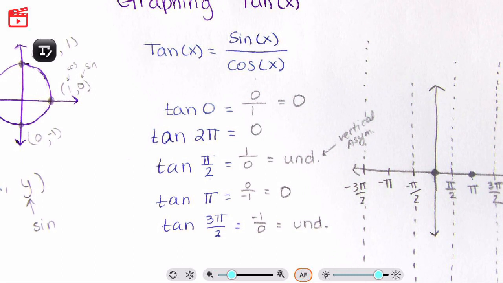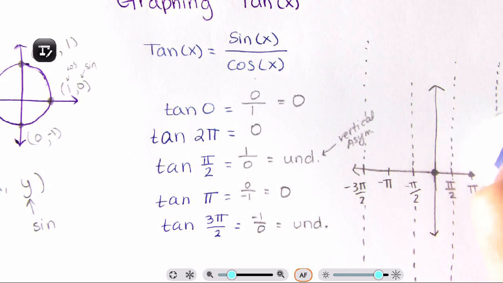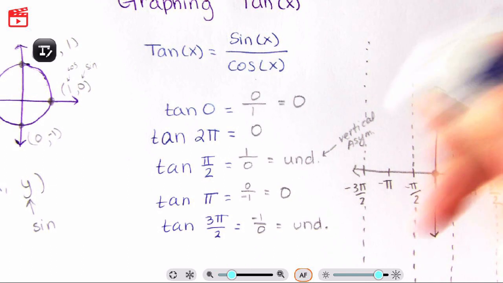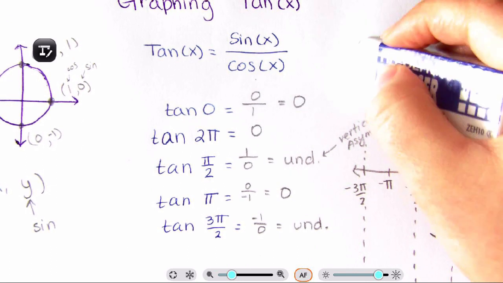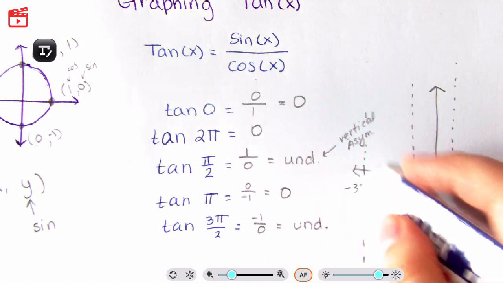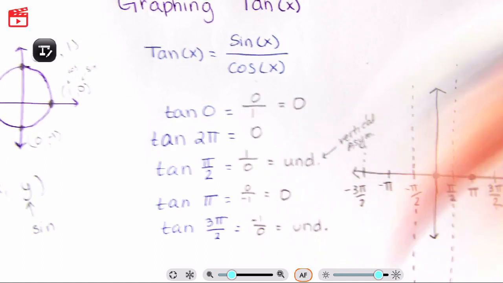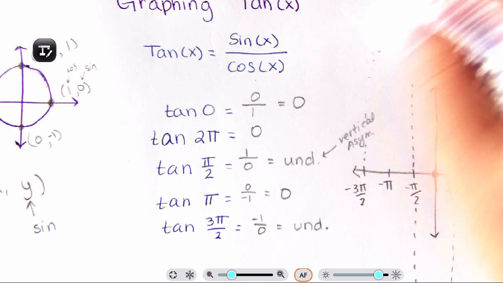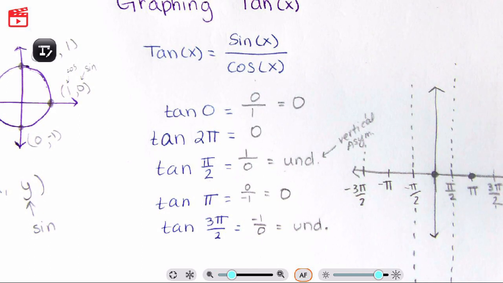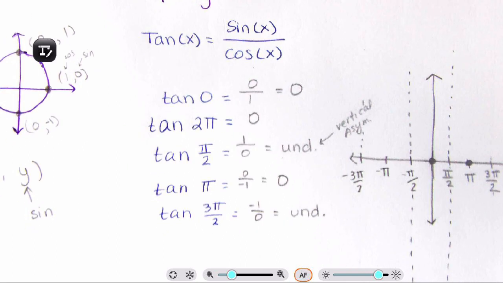And again, just a reminder, typically what you're going to see for one period, I guess you can almost say half a period, but one tangent curve or wave, one tangent graph, is you're going to notice this.